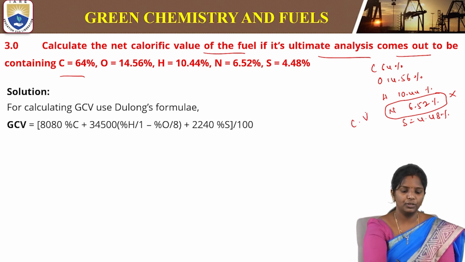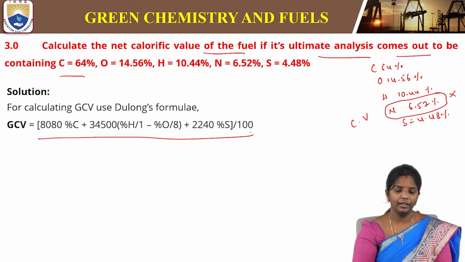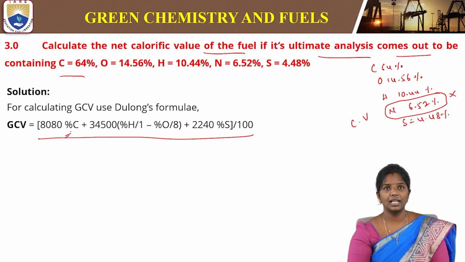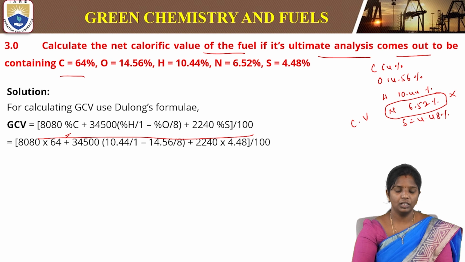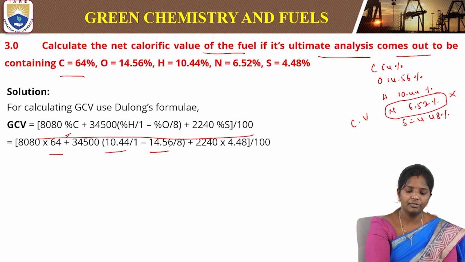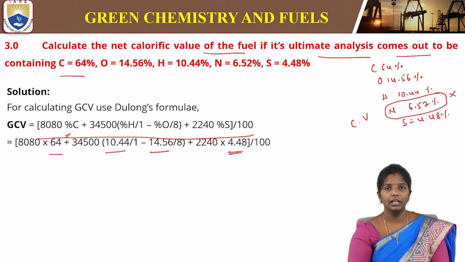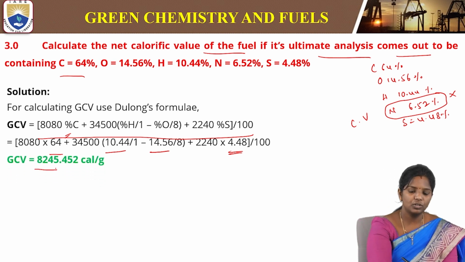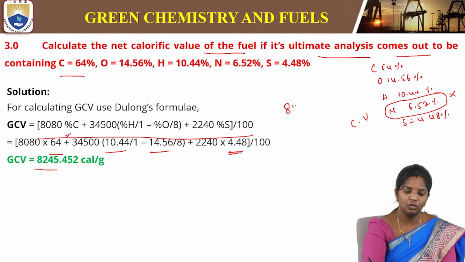So now we will be using the Dulong's formula again and divided by 100 because we are substituting the percentages as such, and we substitute the carbon and hydrogen values, oxygen values and sulfur value here in percentages. After simplification, we get 8,245.452 calories per gram. So this is the GCV value.